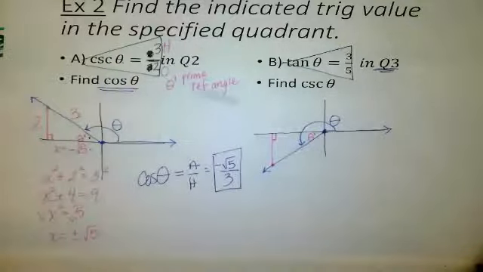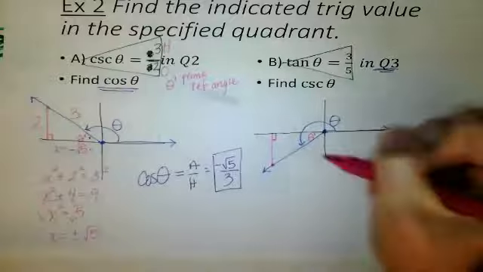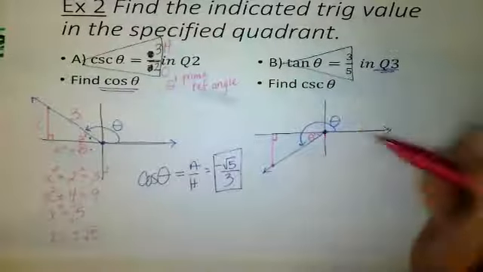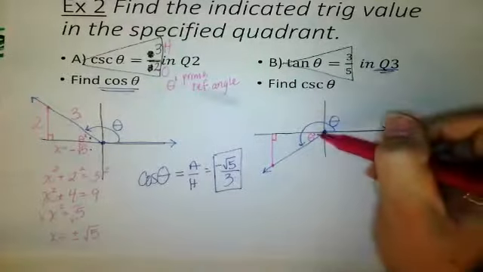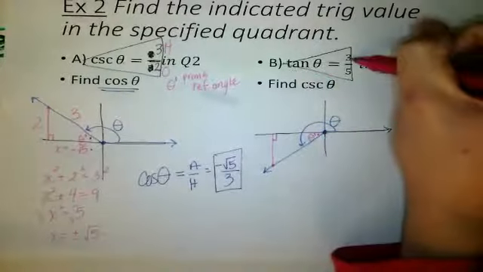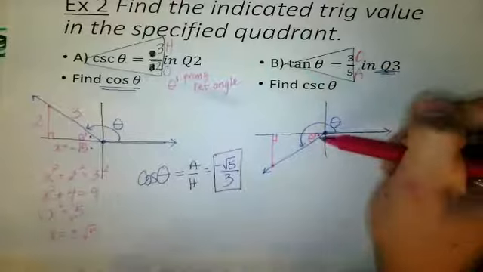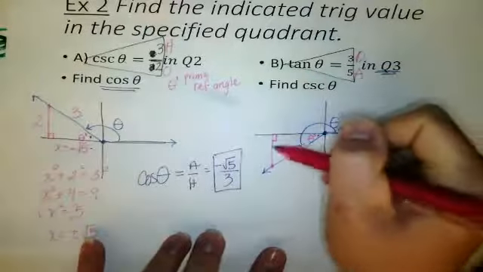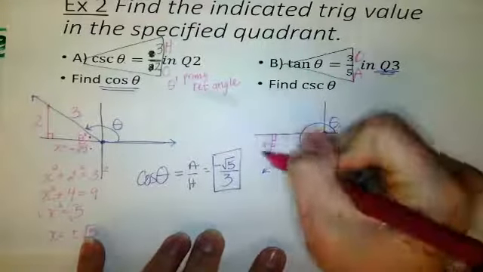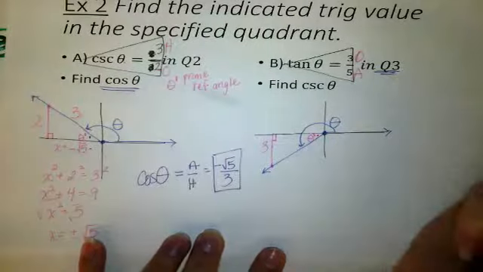Now that I have my triangle here with my little reference angle where I'm looking from, I can label my sides. Tangent is opposite over adjacent. So the opposite side is right here. Should I give it a 3? Yeah.